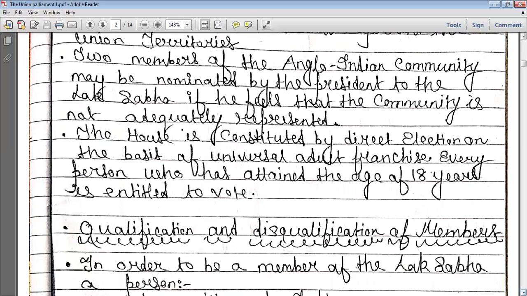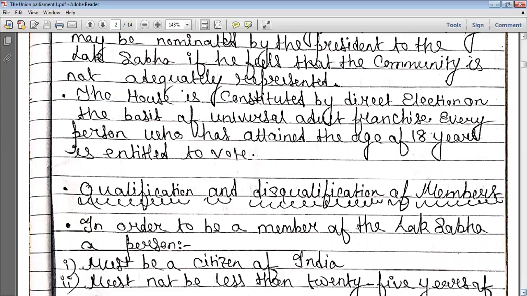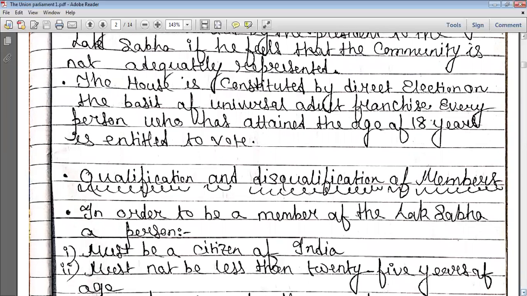Next point, the house is constituted by direct election on the basis of universal adult franchise. Every person who has attained the age of 18 years is entitled to vote. That means the Lok Sabha members are directly elected by the people by the method of universal adult franchise, which means a person aged 18 years and above has the right to elect the government according to his own choice, and government is for the people, by the people, and of the people.